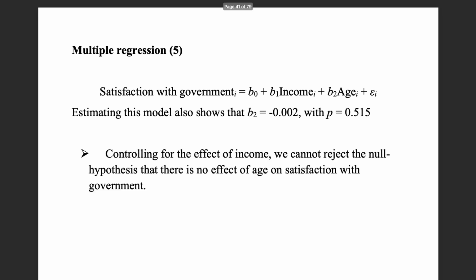So if you would have a hypothesis about the age effect, you might want to make a statement about that hypothesis, and then we could treat income as a control variable. So in this case, we would interpret this coefficient B2 as well, controlling for the effect of income. We cannot, in this case, reject the null hypothesis that there's no effect of age on satisfaction with government, because we have a super high p-value.